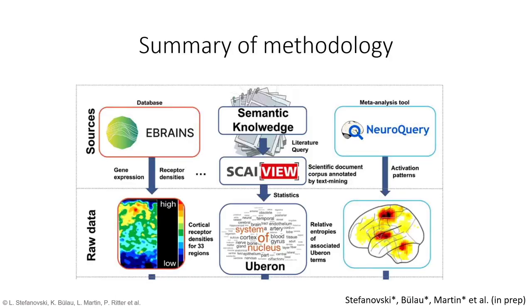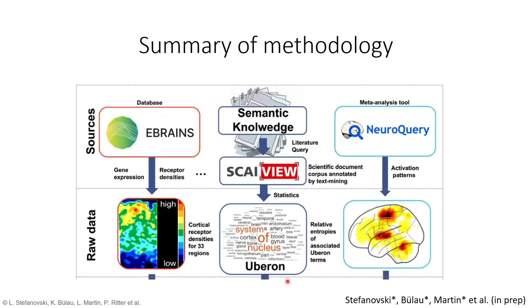Okay, so sorry for the slight delay, but last two slides. This is just a summary of the methodology, so I will be quick here. What we've done is take semantic knowledge, extract it with natural language processing algorithms, and compare it with the three-dimensional space of the brain.